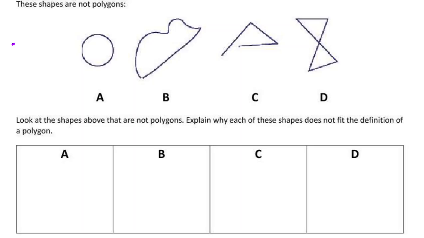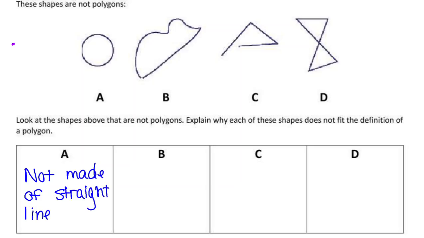If we look back, it says they are made of straight line segments. That's the first bullet. Well, A is not made of straight line segments, because A is a circle, so A is not a polygon.